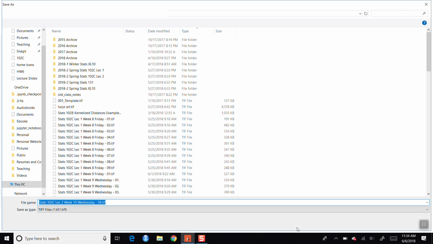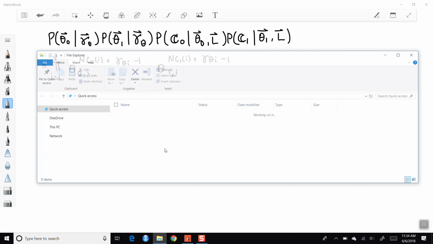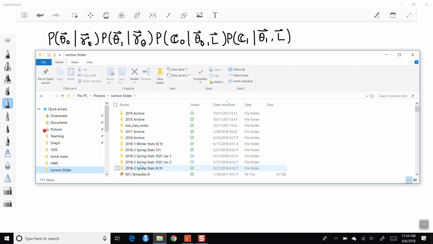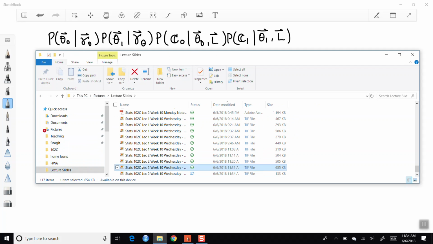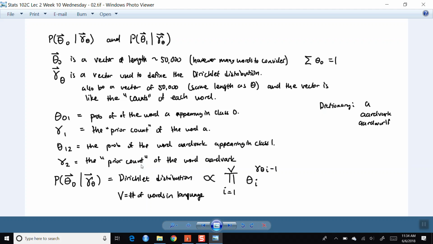Here, let me just pull up the previous slides that I'd just written. So this is the Dirichlet distribution, which is the probability of each word raised to its prior word count minus 1.